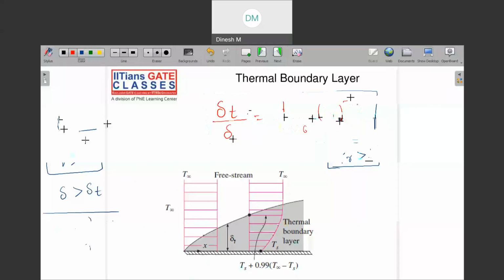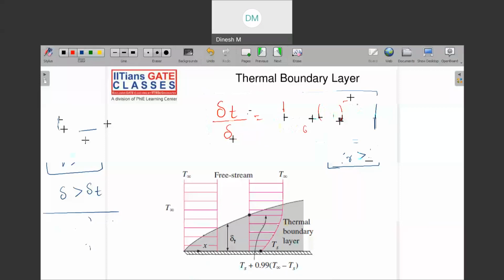Now let us quickly do one small control volume analysis about this thermal boundary layer. I told you earlier that I am transferring heat by conduction in this layer, and then this layer is transferring heat by convection. So conduction and convection are happening simultaneously.